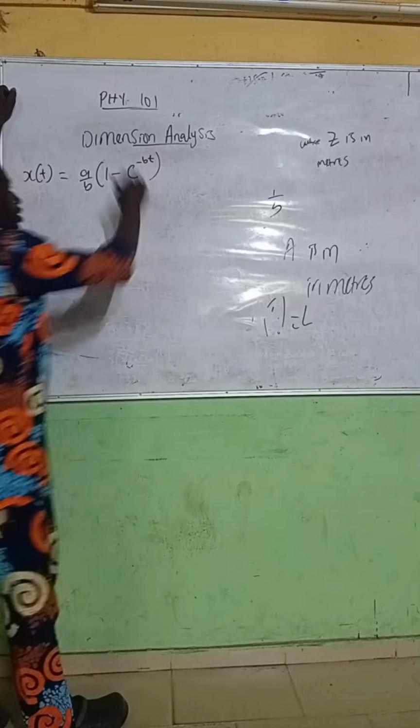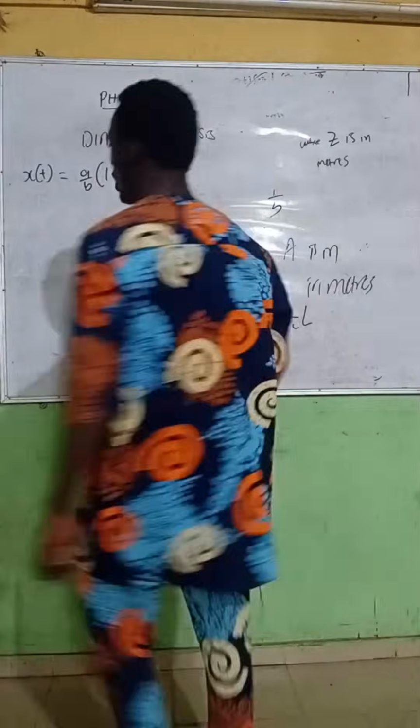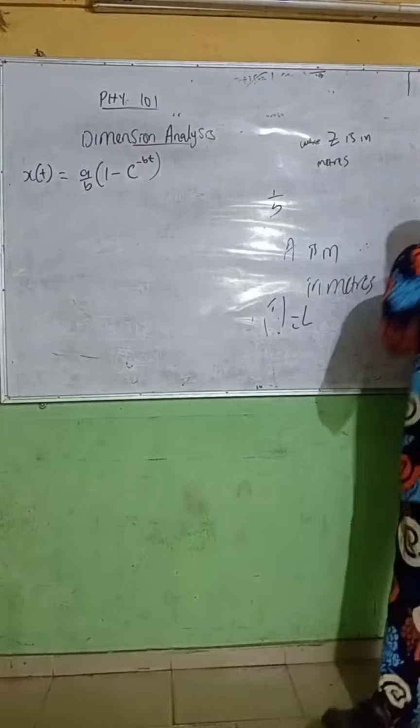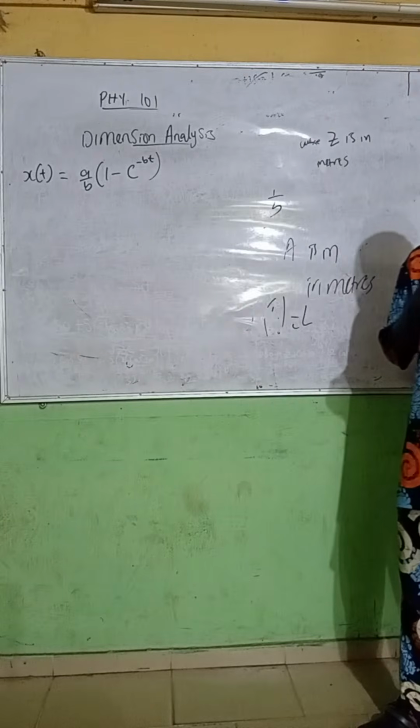Where a is a constant, find the dimensions of a and b respectively.